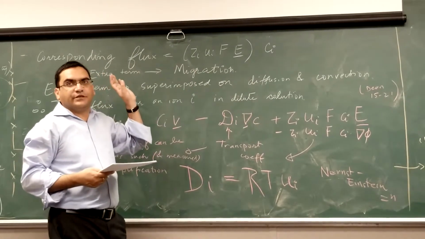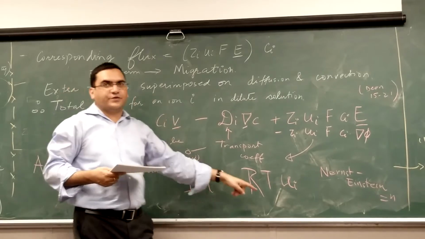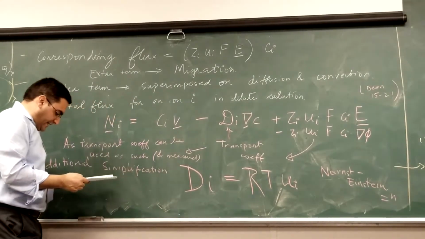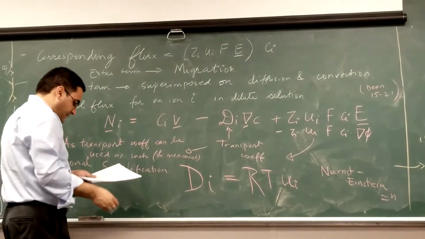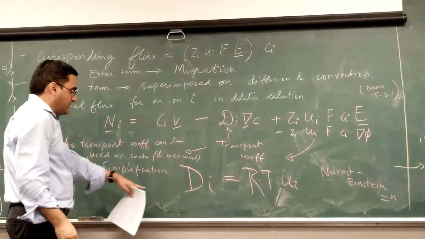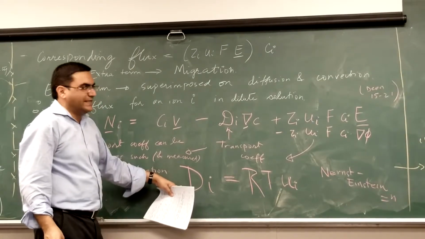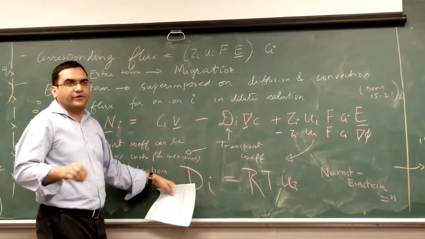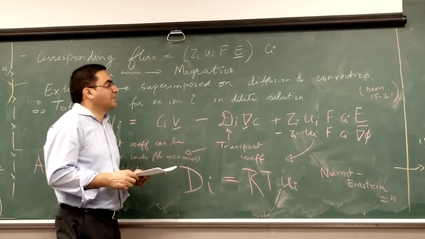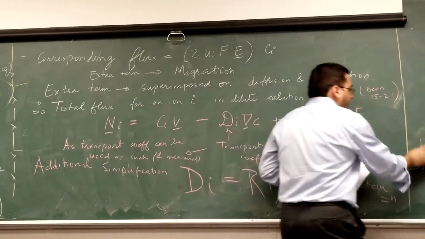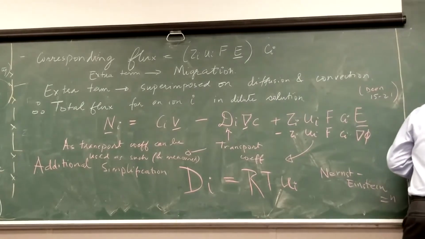And 1 over friction coefficient is mobility, so there's an analogy between those two. But this idea comes from the fact that the driving force for this transport is the gradient in electrochemical potential. We'll write this sentence formally next time, and we'll also write the chemical potential and electrochemical potential next time.